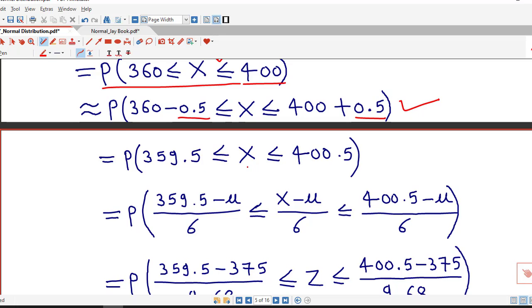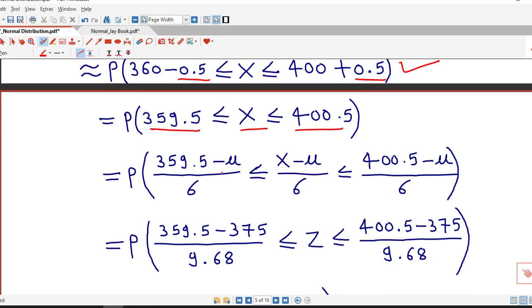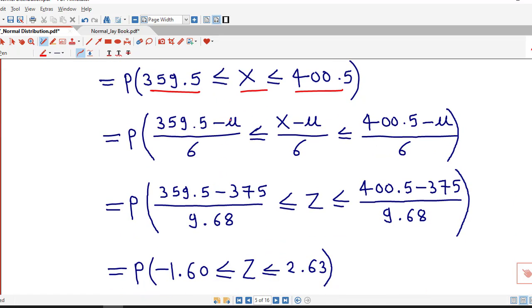Then we standardize by taking X minus mu over sigma. So we subtract mu from each of these three and we divide by sigma. Then we substitute values of mu and sigma.